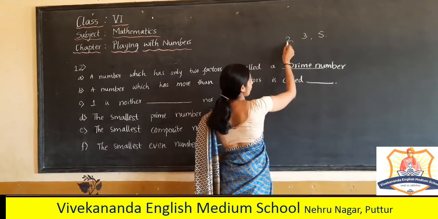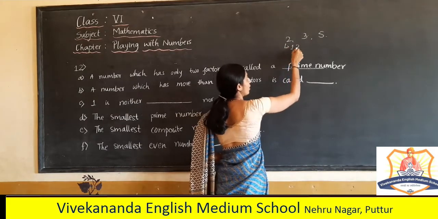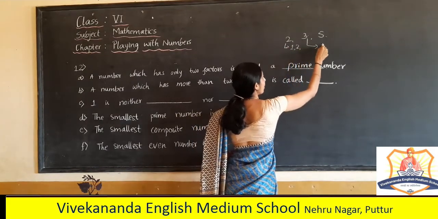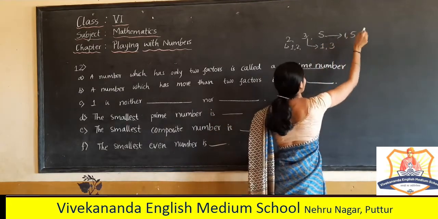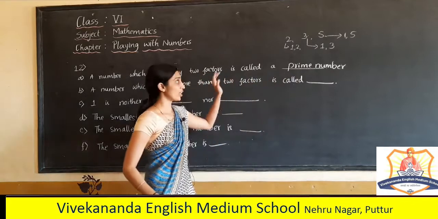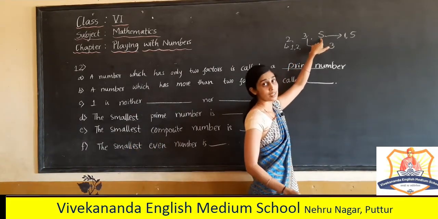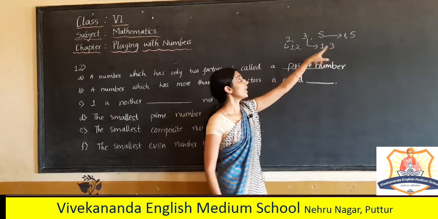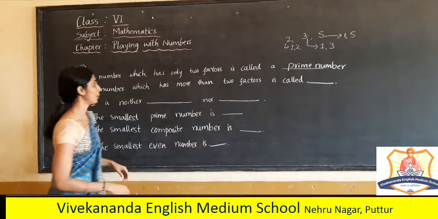If I consider the factors, the factors of 2 are 1 and 2. Factors of 3 are 1 and 3. Factors of 5 are 1 and 5. No other factors it has got. It cannot be divided exactly by any other numbers. So it has only 2 factors, right? So they are called prime numbers.